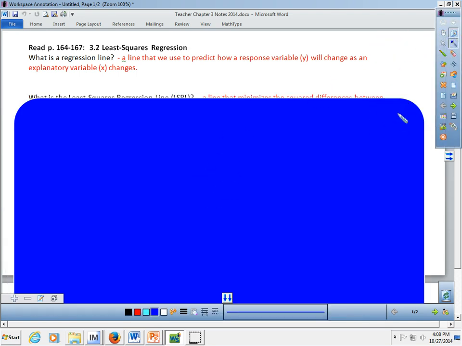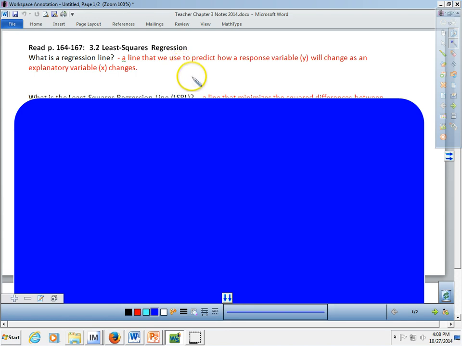Another way to say it, and I think if you read in your book, the definition is a regression line is the line that we use to explain how a response variable changes as an explanatory variable changes. It is a way to make predictions, right?